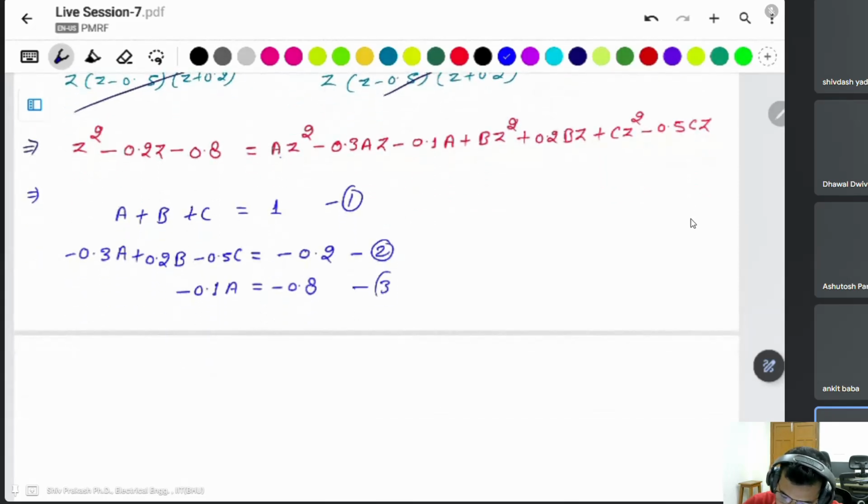This is the third equation, and the value of A from this equation is 8.